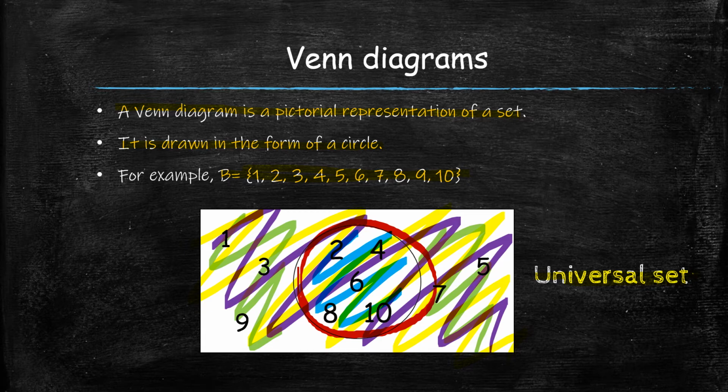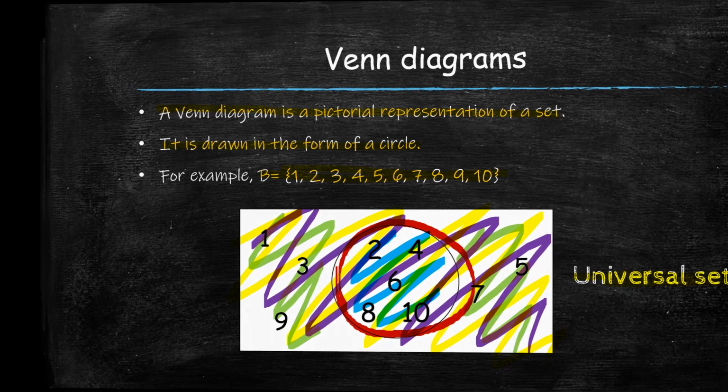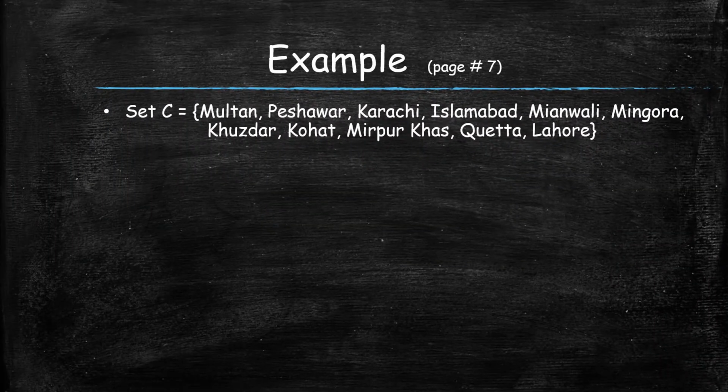Now let's consider some more examples. Set C contains the names of cities. It is a set of the names of cities of Pakistan: Multan, Peshawar, Karachi, Islamabad, Mianwali. All these names are written in this set.